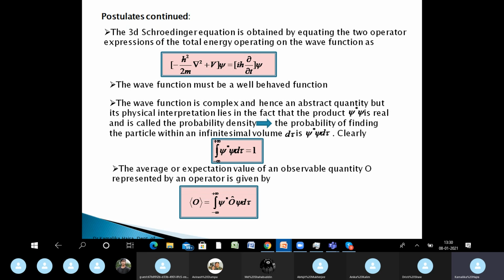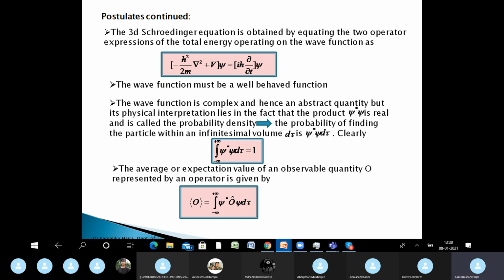And finally, for any observable O, the expectation value is given by the integral from minus infinity to plus infinity of psi star O psi d tau.